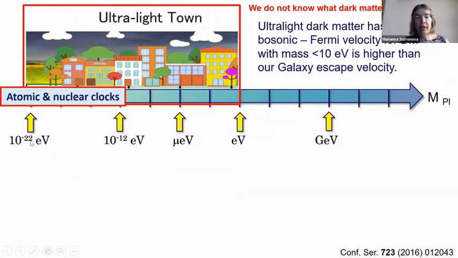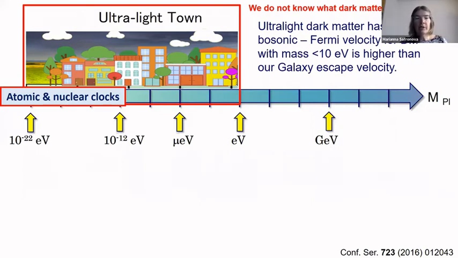On the left-hand side, we have about 10 to the minus 21 eV based on galactic structure observations. And on the other side, we are essentially not limited by anything except the Planck mass, because at that point your particle just becomes a black hole.